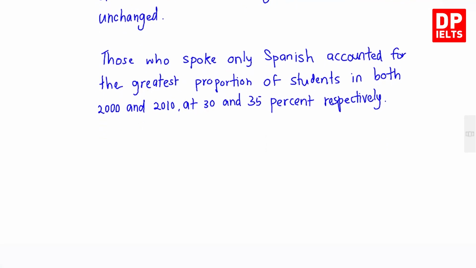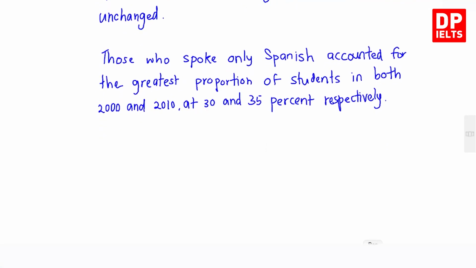Continue with an increase to 20 and 15%.